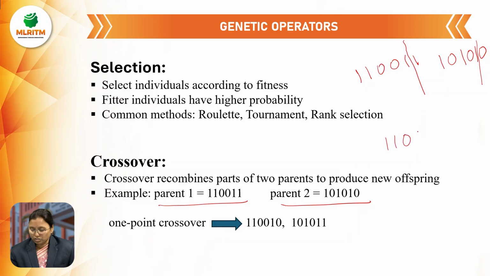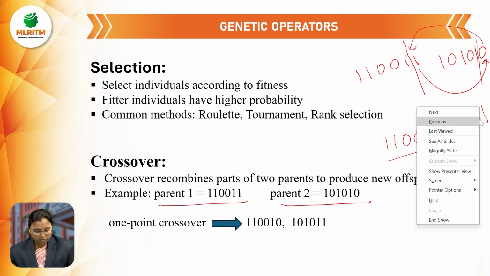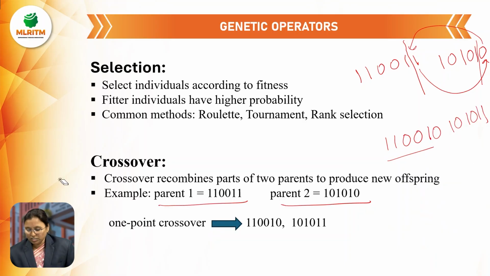We have to cross here. Take 1 1 0 0 1; this part is swapped with the other, and this 0 is replaced here. So the first offspring is 1 1 0 0 1 0, and the second one is 1 0 1 0 1 1.